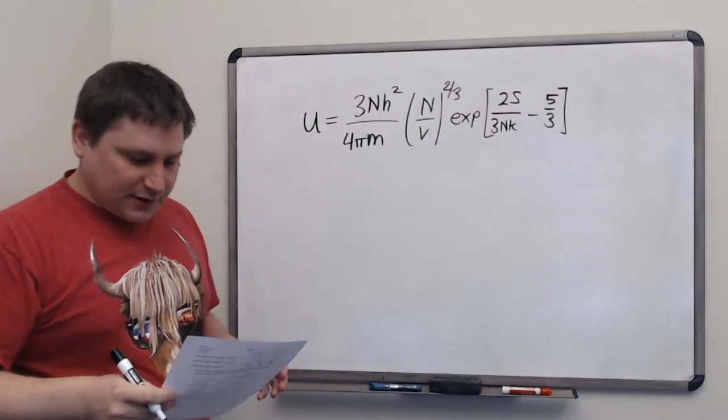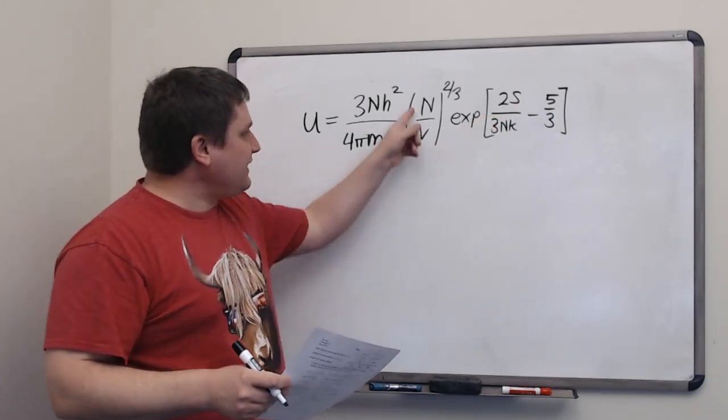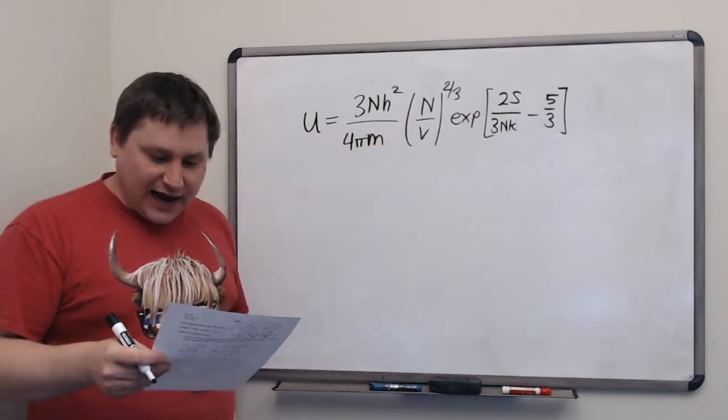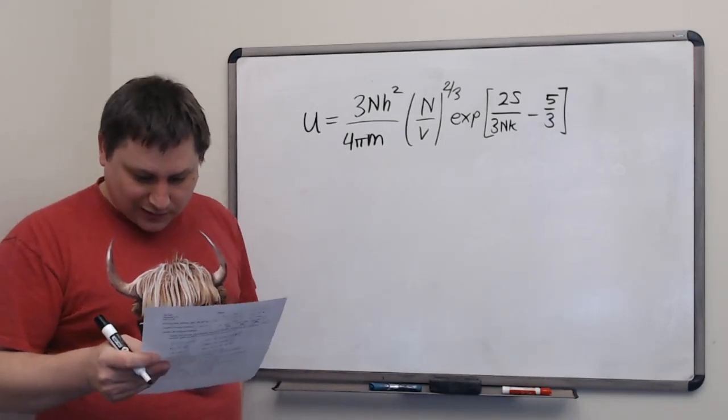Okay, so that's the formula for U in terms of S, V, and N, and a few constants for the ideal gas with one atom per molecule.